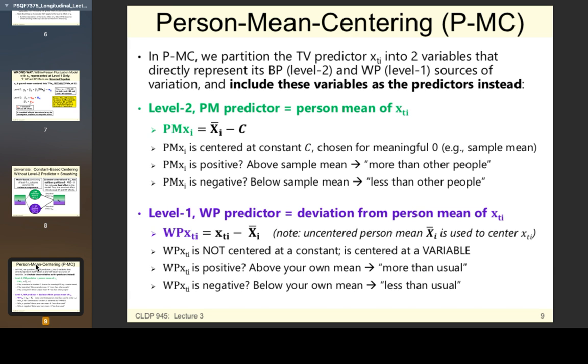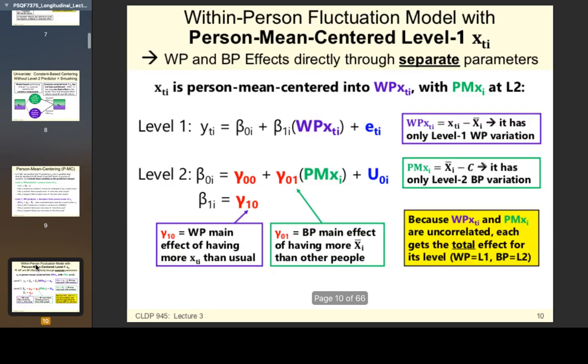The big difference here is that this is a variable, not a constant. By subtracting off the person's mean, we have rendered this new predictor orthogonal to the other one. So within-person x is purely level 1. A 0 value means I'm at my average, whatever that is. A high value means I'm more than I usually am. What I usually am is up here. So I've taken my predictor, split it into two observed variables that each convey their own effect, and then I stick it in the model like that.